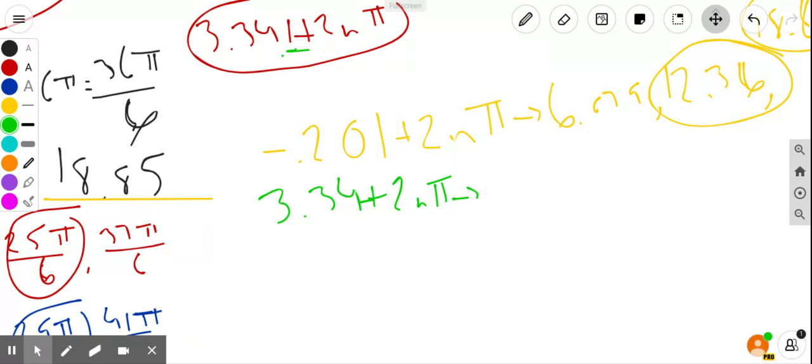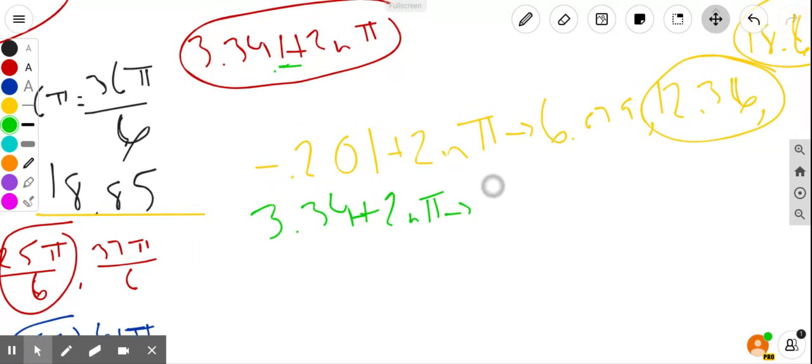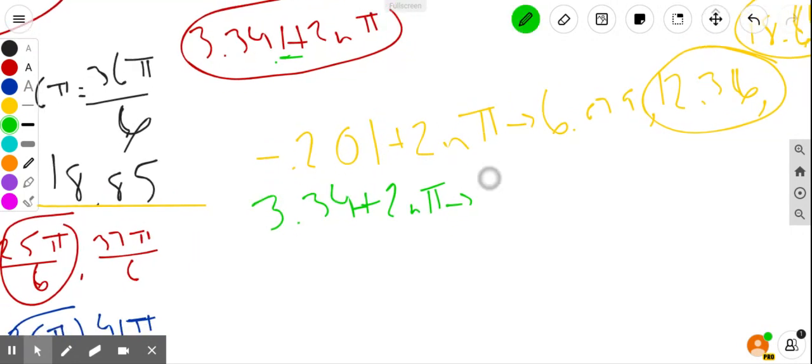On my calculator, I get 9.62. That falls within the interval. So I do it again. And I also get 15.9.